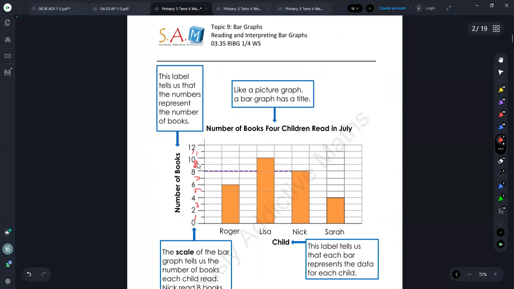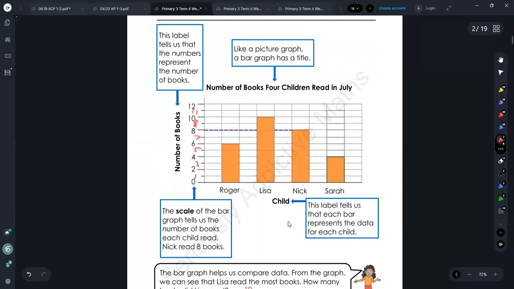You can encourage them to write it out if they like. Before we move on, let's look at the horizontal axis. In this case, it tells us the data for each child.